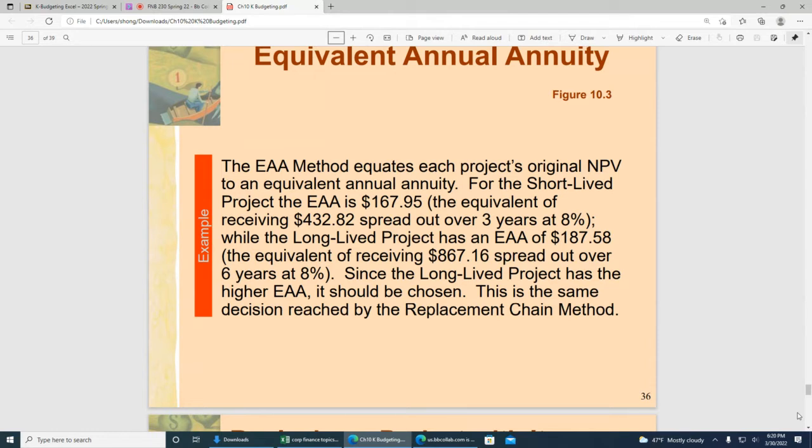Right? You guys know what annuity is, right? Annuity is what? Regular payment or deposit at regular interval. That's annuity. That's what you learned in Finance 100, right?